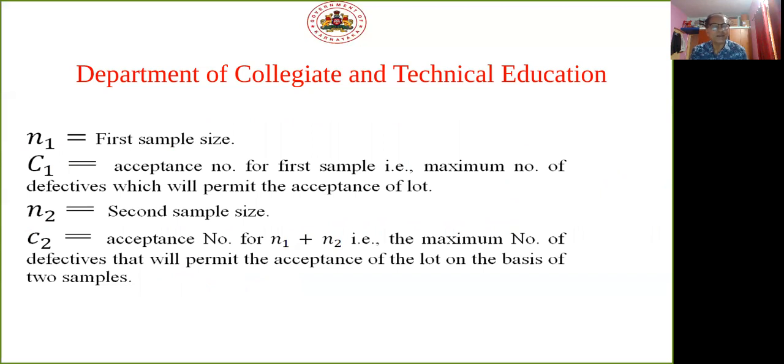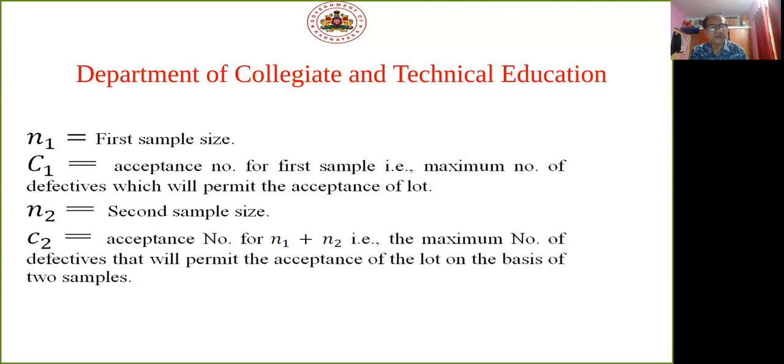But here, as two samples will be there, the first sample will have n1, called the first sample size, and c1 is the acceptance number for the first sample: the maximum number of defectives which will permit the acceptance of the lot. So c1 is the maximum permissible limit with which we can accept the lot.